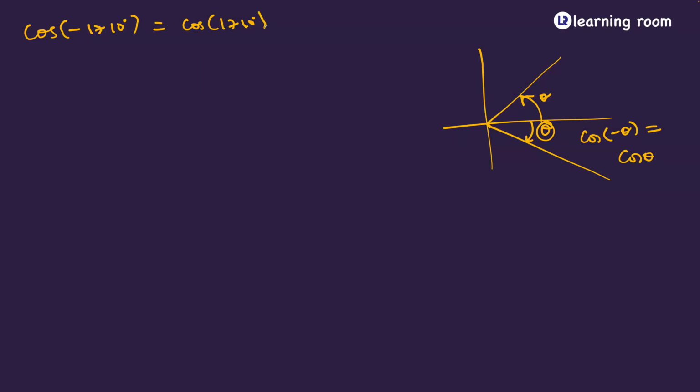So all that you need to do is divide this 1710 by 360 and tell me what is the remainder you are getting. I'm concerned about the remainder, not the quotient. So 171 divided by 36.